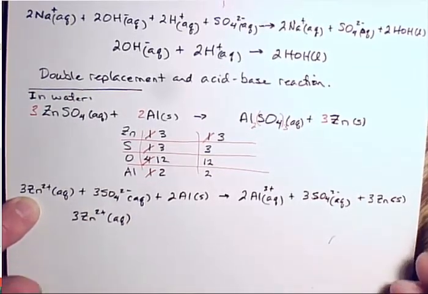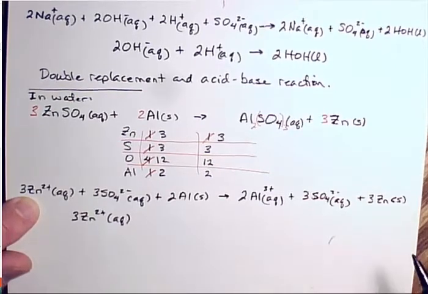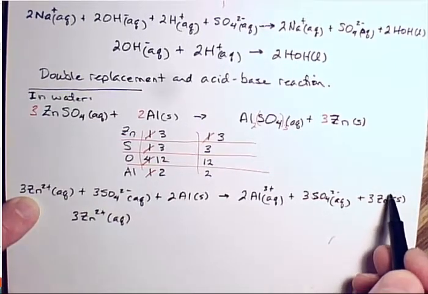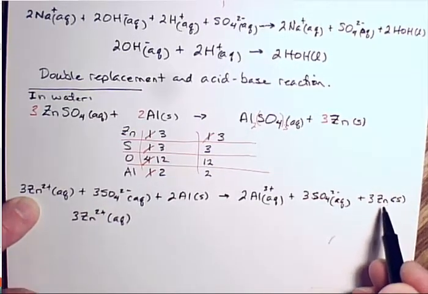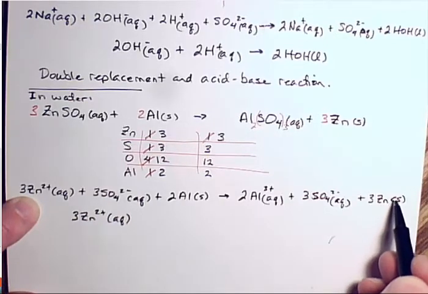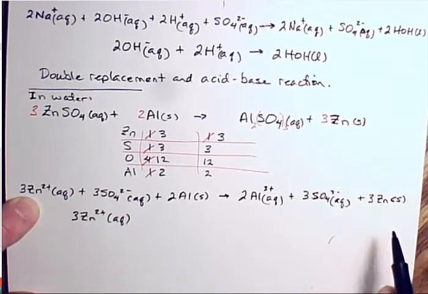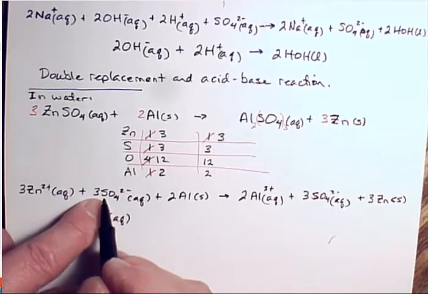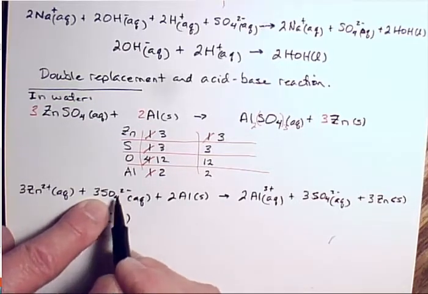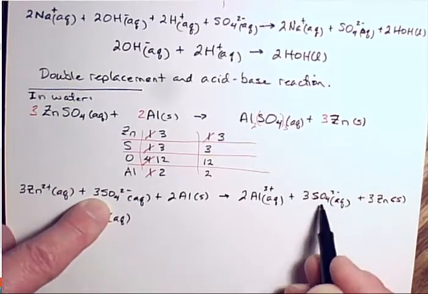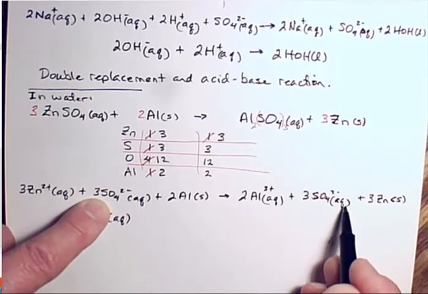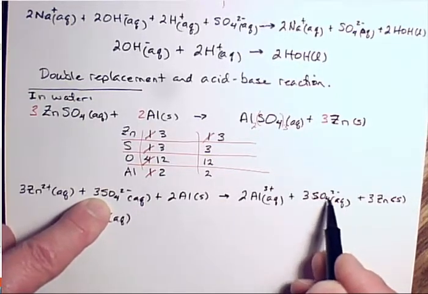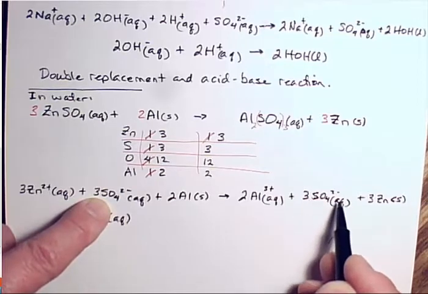If we were balancing equations that were redox, we would give this a 0 charge because when it's not combined with anything, when it doesn't form an ion, an element that's by itself is going to have a 0 charge. Now these 3 sulfate ions, SO4 2 negative aqueous, are exactly the same as this, SO4 2 negative aqueous. So we're not going to include this in our net ionic equation because it didn't change.